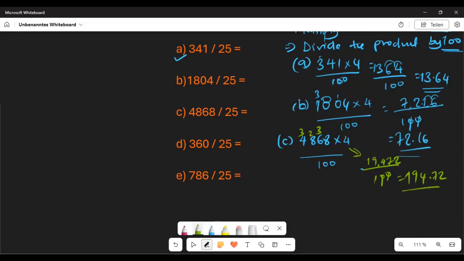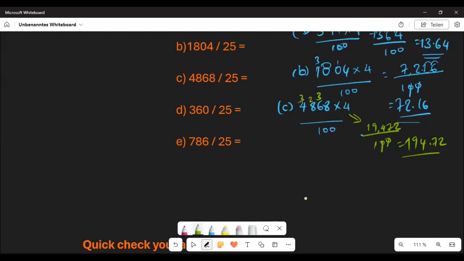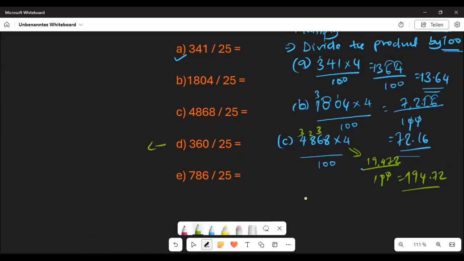So things become easier if you're given a number and you're supposed to divide it by 25. If you know this skill, things are going to be easy. Remember the skill: multiply by 4, divide by 100. Now let's go to D. D is 360. We're going to multiply that one by 4 quickly and then divide everything by 100.